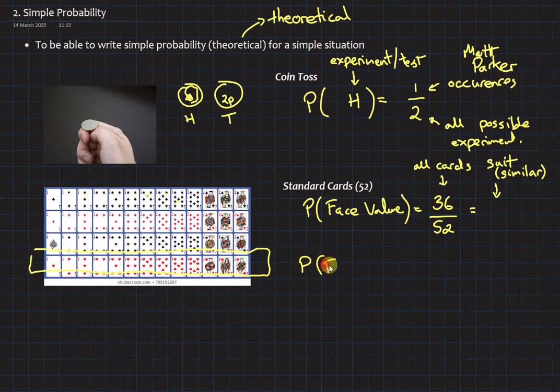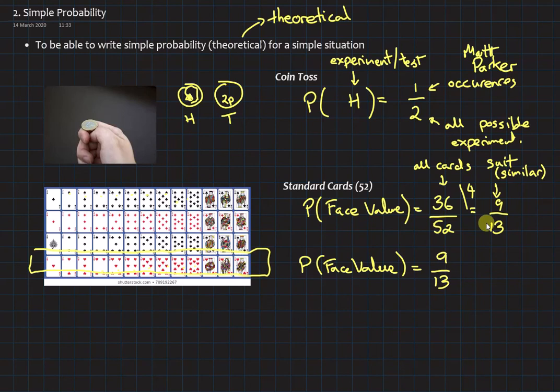Probability there of a face value is 9 cards, 1, 2, 3, 4, 5, 6, 7, 8, 9 out of 13. And what you may notice is these two fractions are the same. If I calculated them, I can simplify that by 4, and that gives me 9 out of 13.